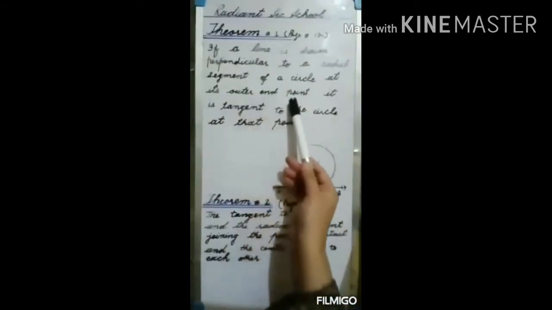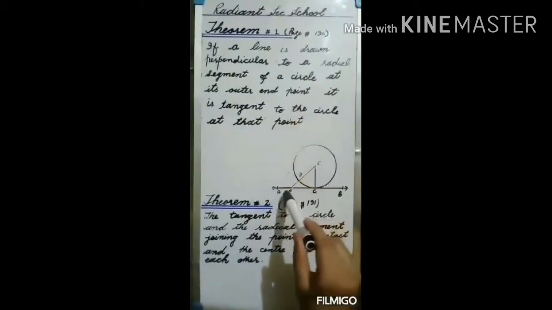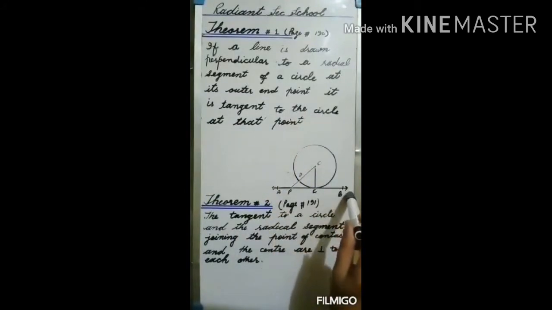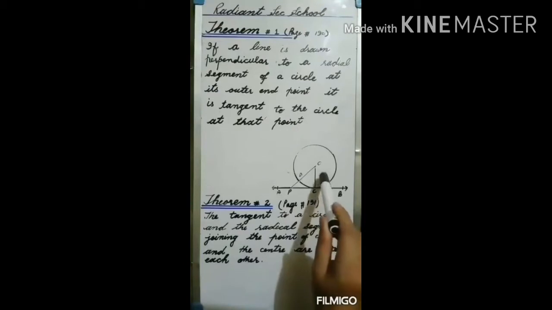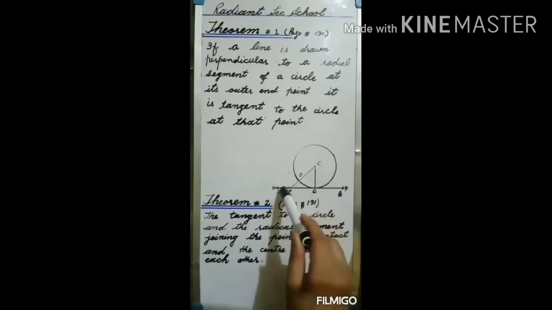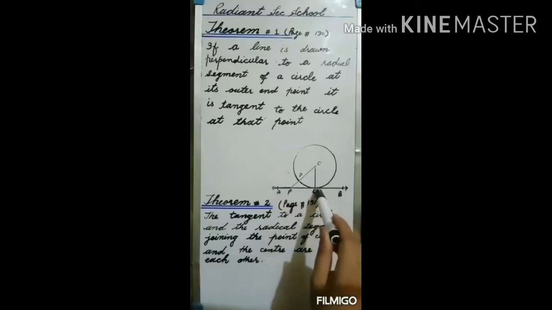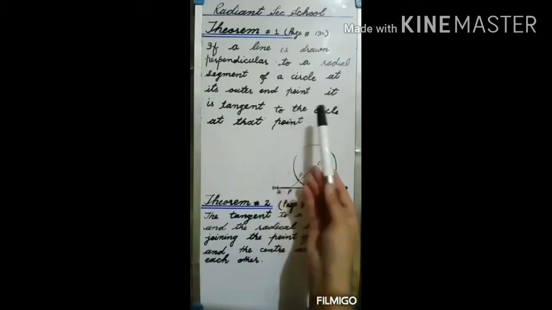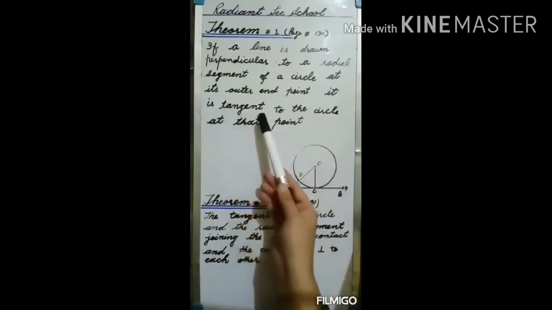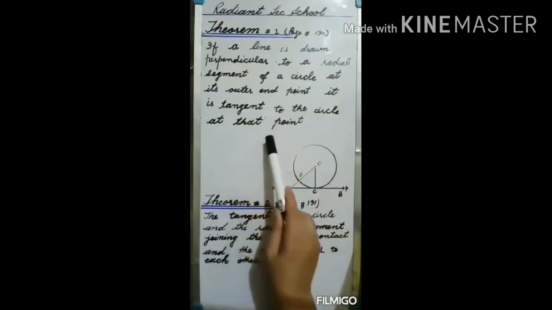at its outer end point. Here OC is the radial segment and we have drawn the line AB at its outer end point. Then it is tangent to the circle at that point.